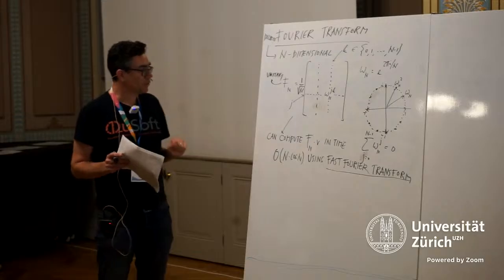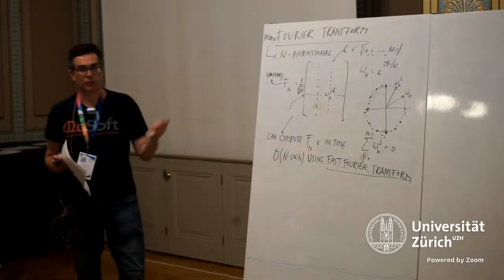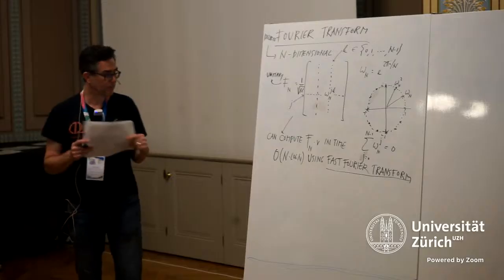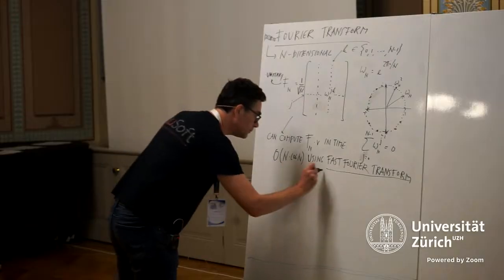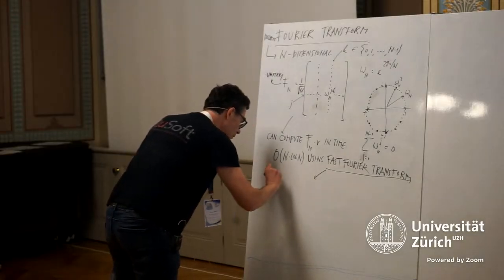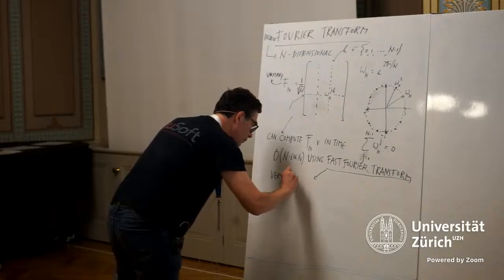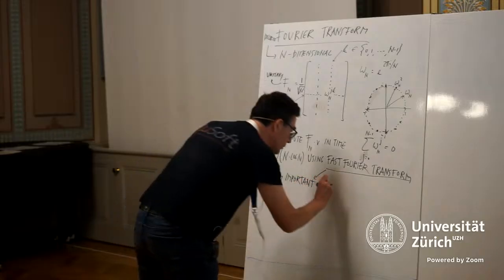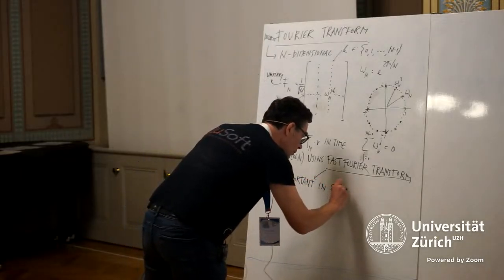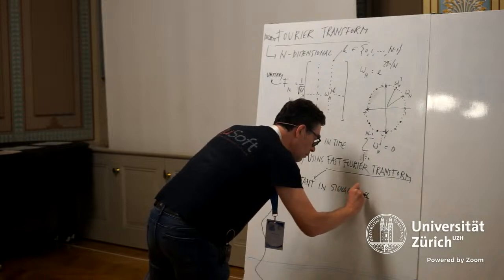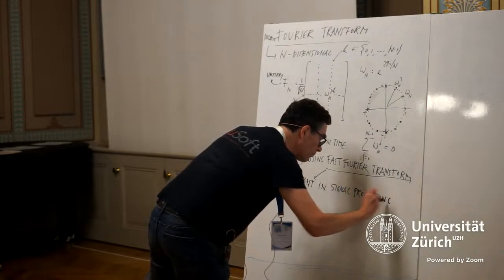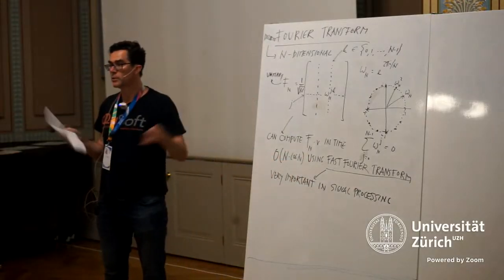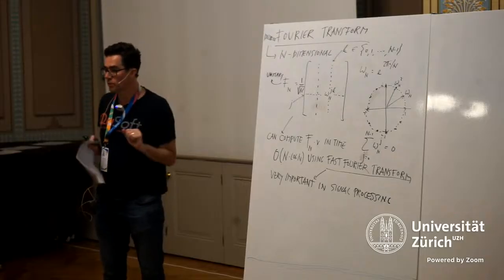So the fast Fourier transform allows you to multiply the Fourier matrix with a vector in almost linear time. N log n is just a little bit slower than n. And this is very important in, for instance, signal processing. So you use it in signal processing to take some sort of wave, for instance, a piece of music, and to decompose it into the separate frequencies.